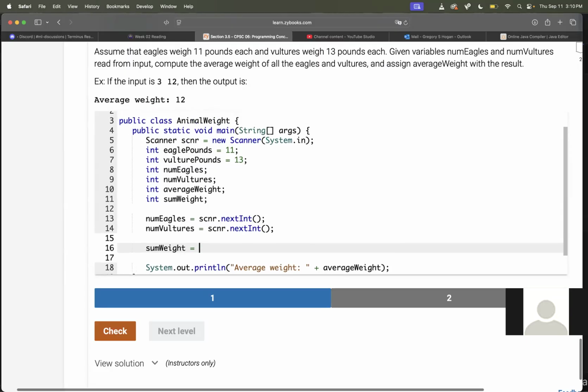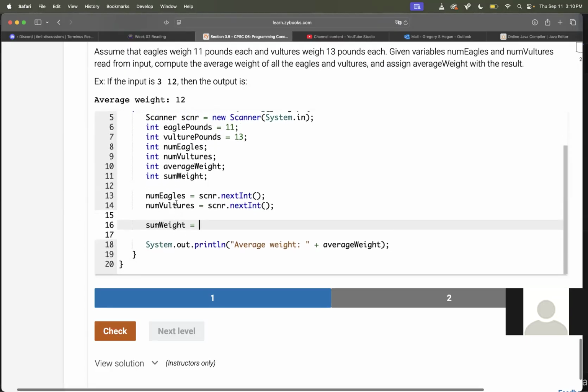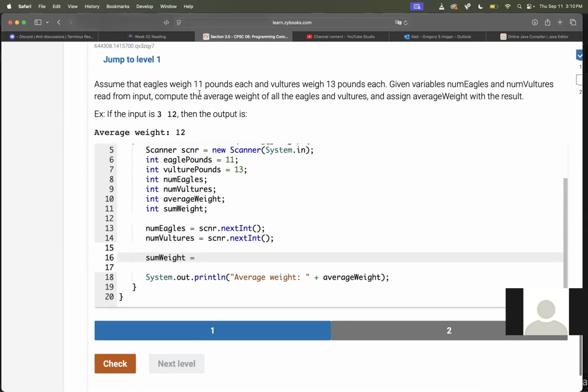So just like before, if there were four eagles, we need to multiply the 4 times 11, right? Because an eagle weighs 11 pounds. But we don't know how many eagles there are. They're in a variable. So the weight is going to be 11 pounds times how many eagles there are. But how many eagles is stored in a variable num eagles?